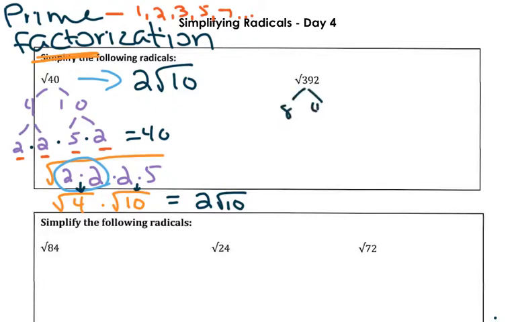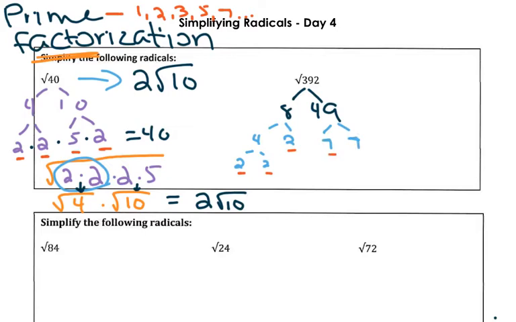I'm just going to pick a pair of numbers that I feel comfortable with. So I feel comfortable with breaking down 8 and 49. If I were to break down 8, I can say 8 could go down to 4 and 2. And 4 could then be broken down to 2 and 2. I know that 2 is a prime, so I'm going to stop there. 49, I'm going to break down further to 7 and 7.